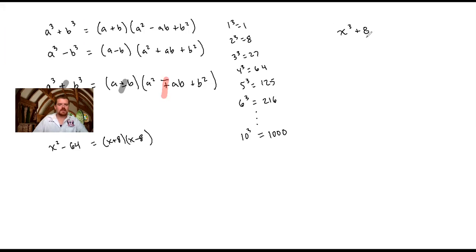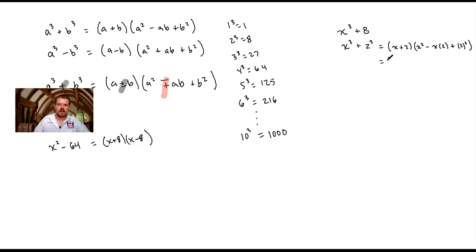If 8 is a cube, then that means it's 2 cubed. And so if it helps to recognize what a and b are, you can rewrite this as 2 cubed. And in doing that, this is now just fill in the a's and b's. x plus 2 times x squared minus x times 2 plus 2 squared.